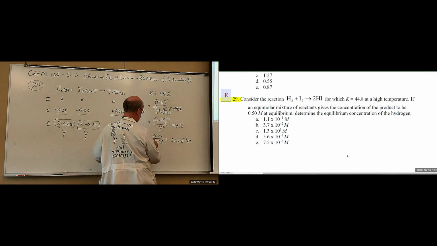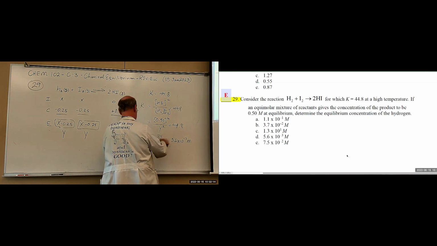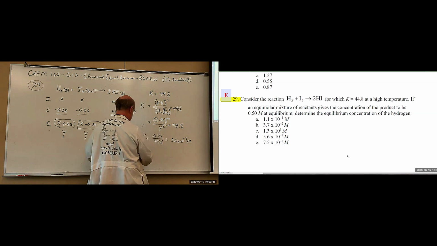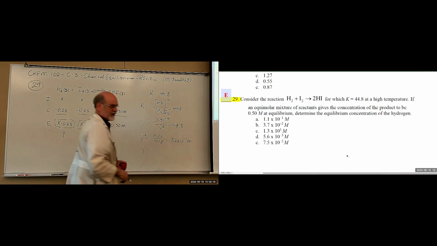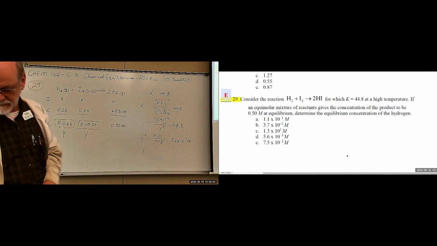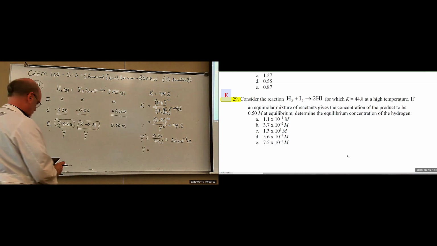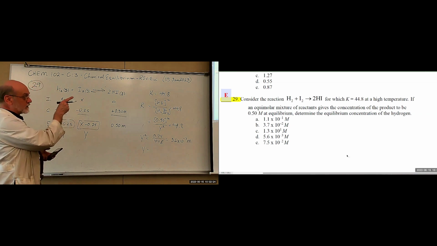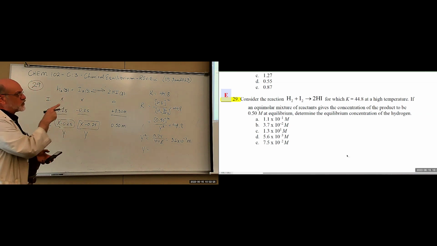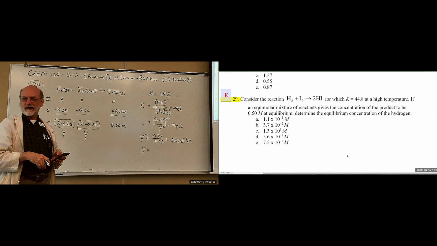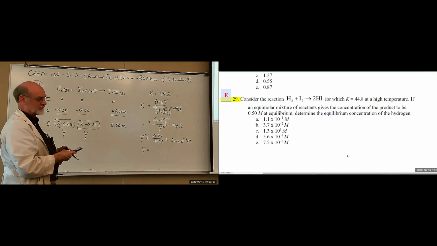That means this squares that one, and y equals the square root of that value. That's where I made my mistake. It's that two-word trick, high temperature.